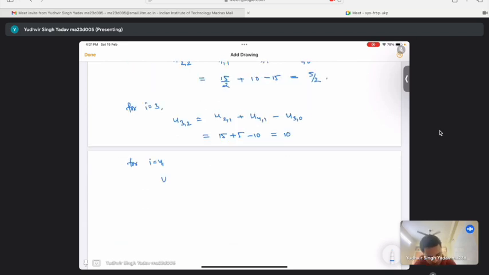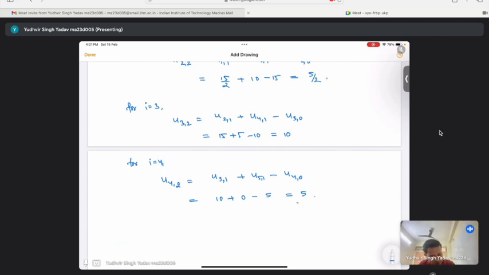So for this, we will have u4,2 equals u3,1 plus u5,1 minus u4,0. For this nodal point, u3,1 is 10, u5,1 is 0, and u4,0 is 5. So the required answer is 5.